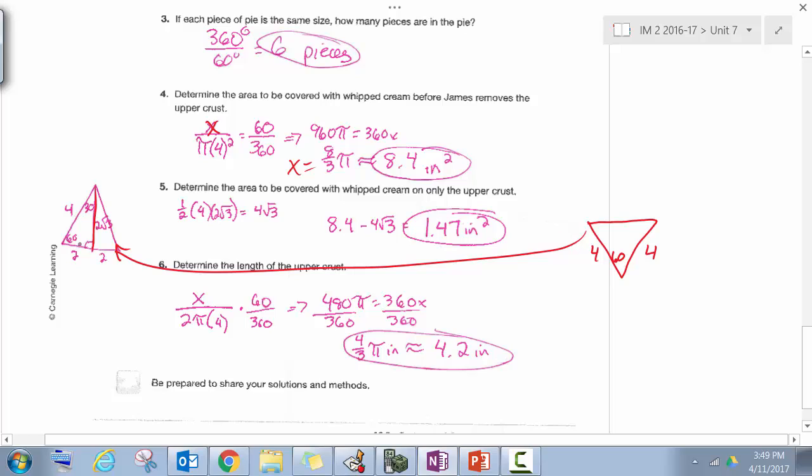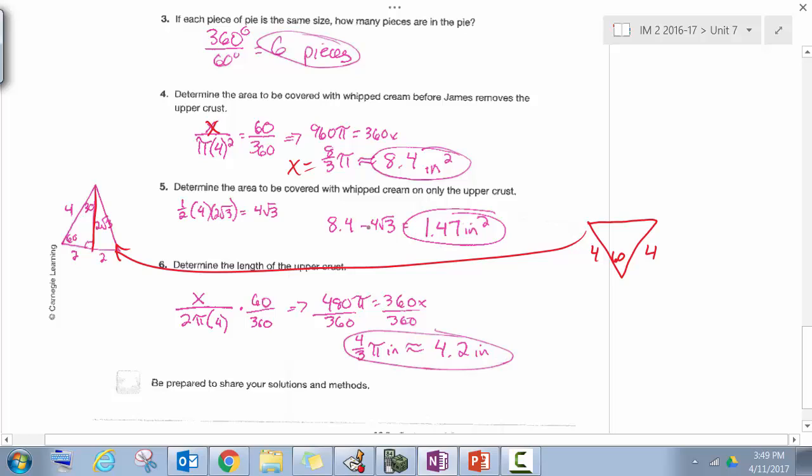Hypotenuse is 4, the short side is half of that, 2, and the long leg is 2 root 3. So our height is 2 root 3, our area is 1/2 times the base, 4, times the height, 2 root 3, which gives us 4 root 3.